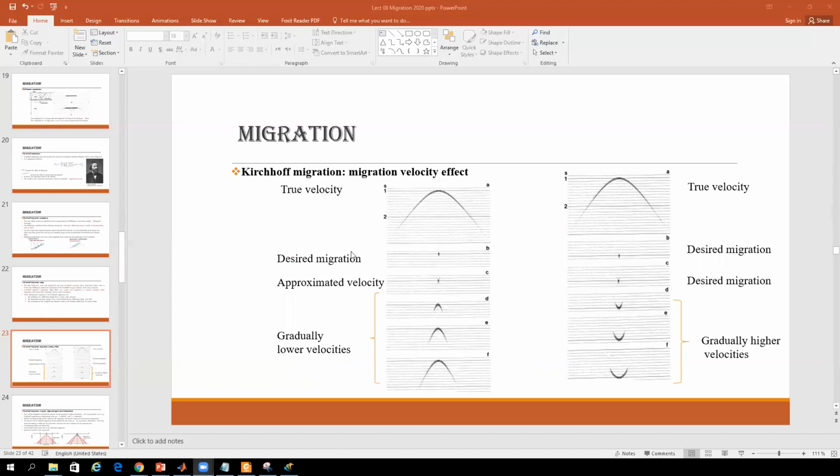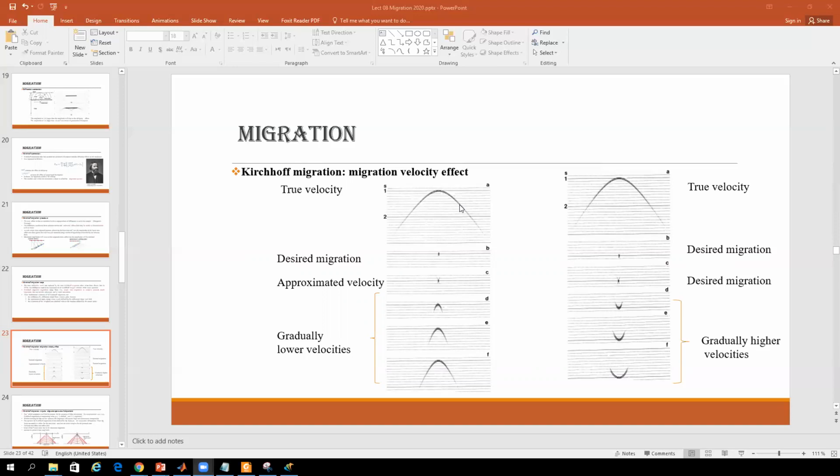So the Kirchhoff migration is affected too much by the velocity which is used. And that's why we need to have a very good velocity, similar to the case of the NMO correction.